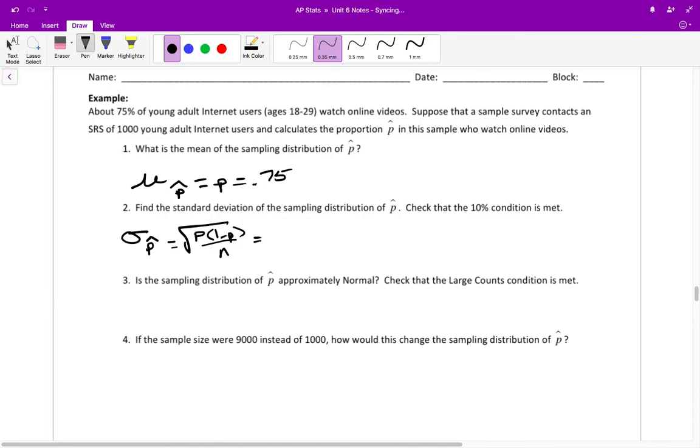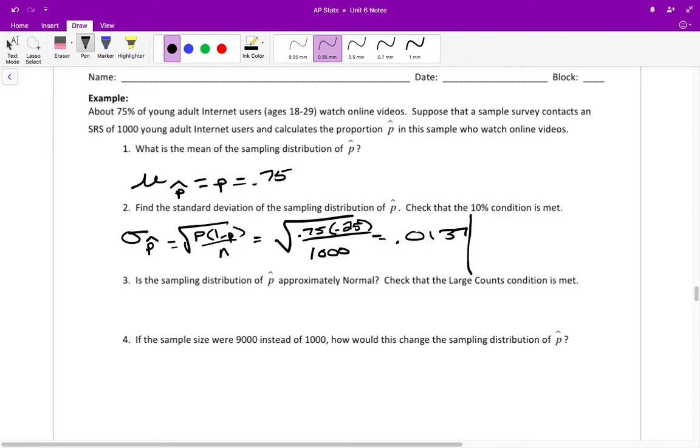For this problem, p is 0.75, multiplied by 1 minus p, so 0.25, divided by our sample size n, which is 1,000, and that should simplify to get you 0.0137. Now, the second part of this problem, I'm going to draw a line here.